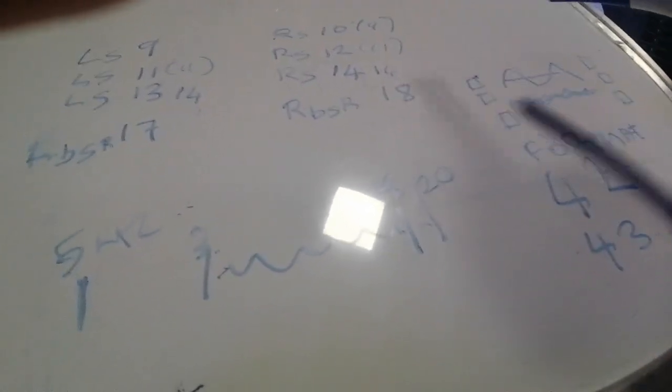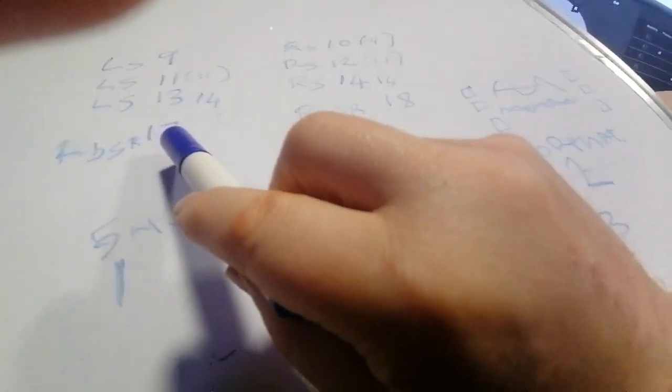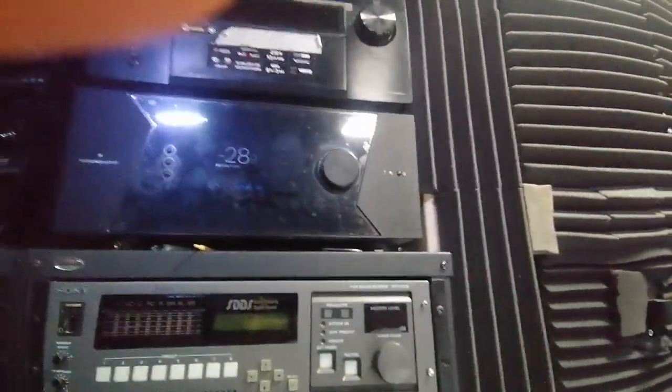and the outputs in, say, Dolby Atmos mode, when I use them, will be channels 17 and 18 on the processor, on the XLR outputs.